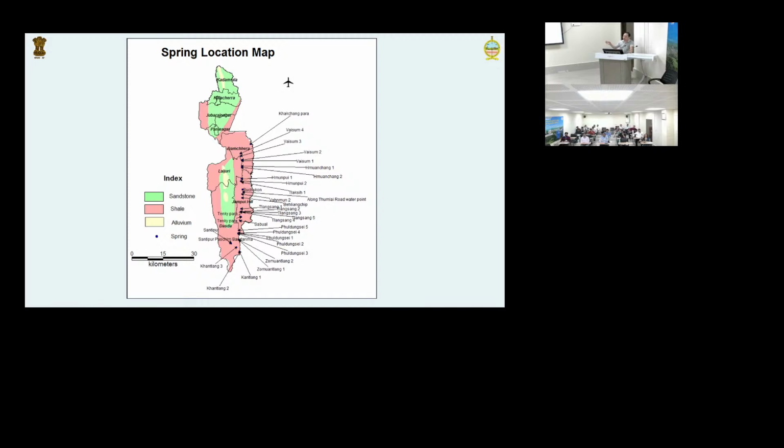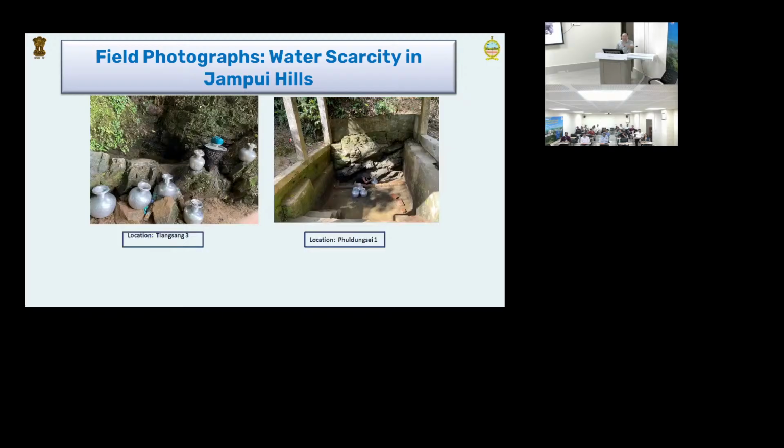Our colleagues in the Agartala office have done some spring studies in this area. They found that the springs exist in a straight line, in the hilly section of that area. I think some of you are posted in Agartala, right? So they must know much more than me.